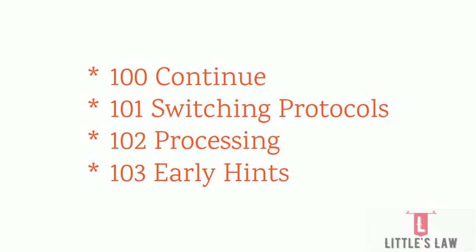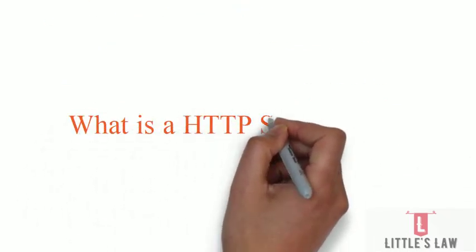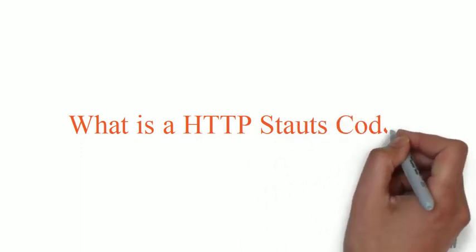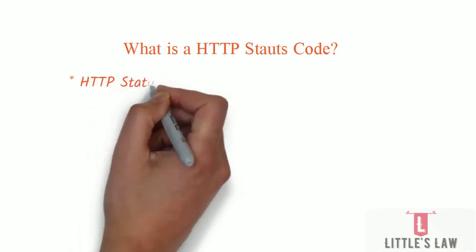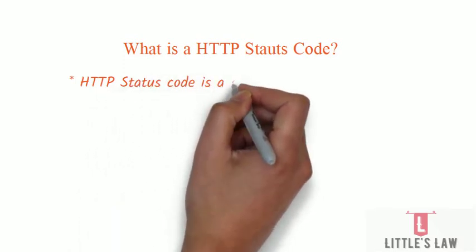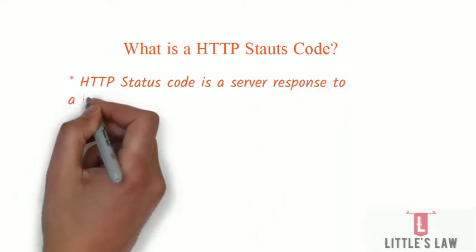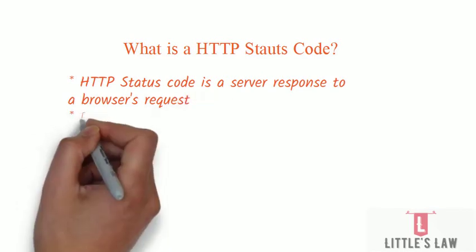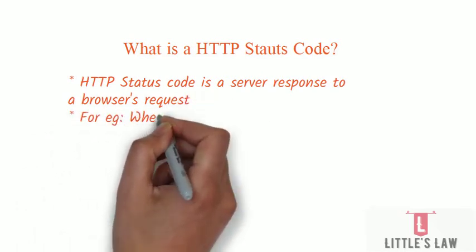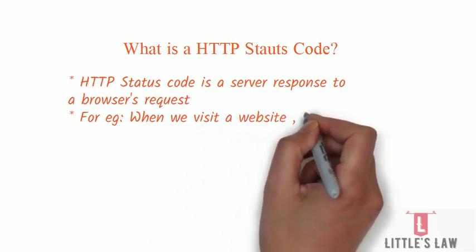We started with what HTTP status codes are. Basically, an HTTP status code is a server response to a browser's request. Say, for example, when we visit a website, our browser sends a request to the site's server, and the server then responds with a 3-digit code, which we commonly call the HTTP status code.